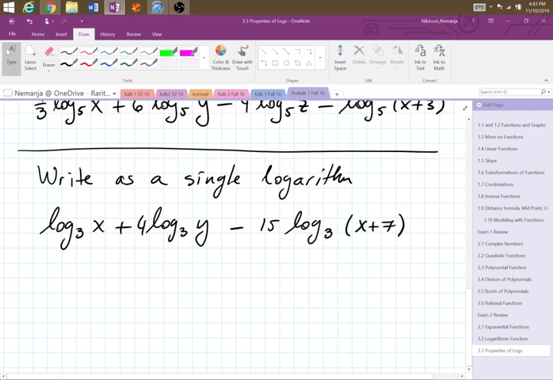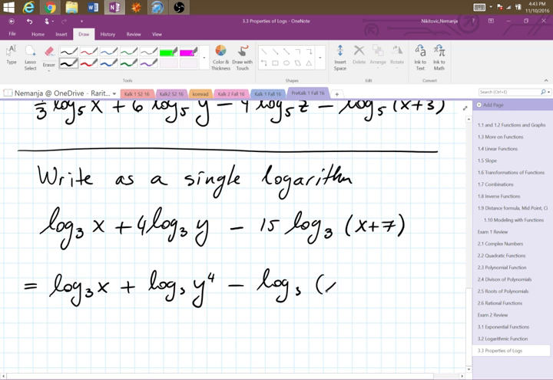So now you are doing the backwards procedure. Backwards procedure says whatever is positive goes in the numerator, whatever is negative goes in the denominator. However, you first have to get rid of these numbers in front. So the first thing is to say log base 3 of x plus log base 3 of y to the 4th, and then minus log base 3 of x plus 7 to the 15.